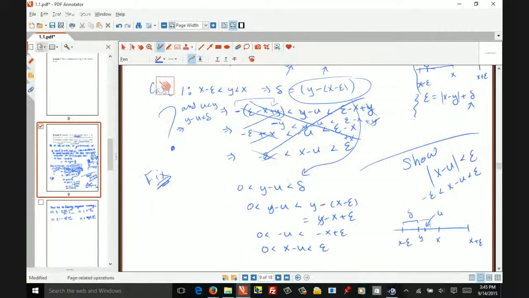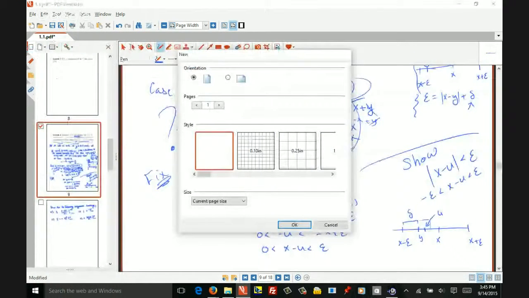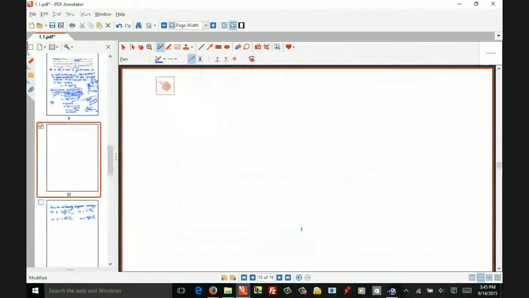So let's do it the shorter way. Let's get us a new page. Okay, so I'm rewriting it.